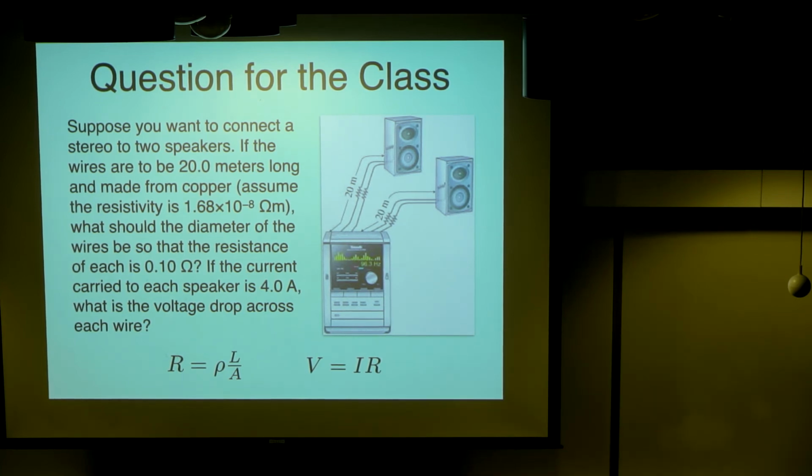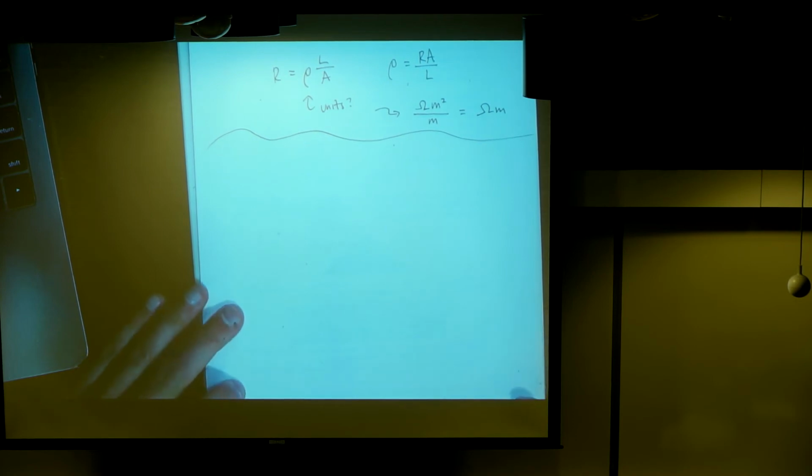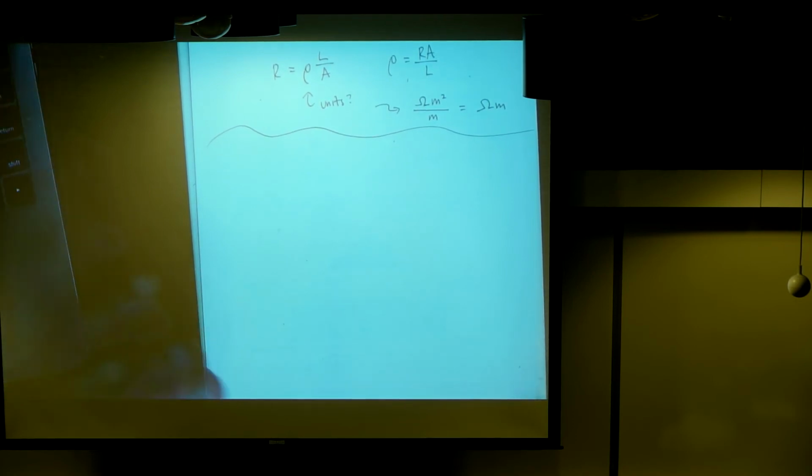Does anyone have the diameter? What was that? 0.002 meters? So yeah, about two millimeters is around that kind of diameter. That's right. Let's go through this real quick. So when it comes to a wire, you can assume a cylindrical geometry.